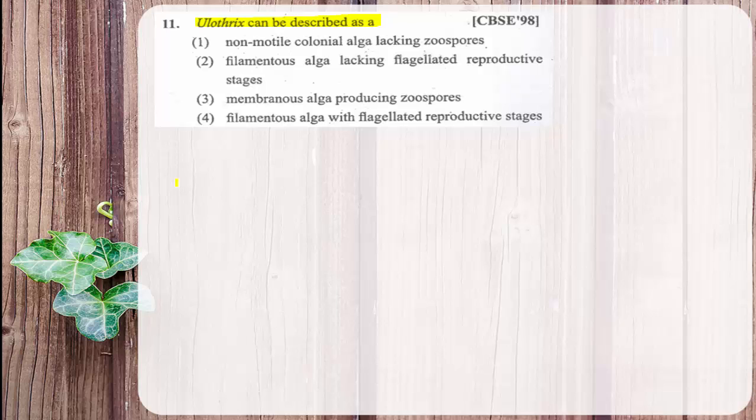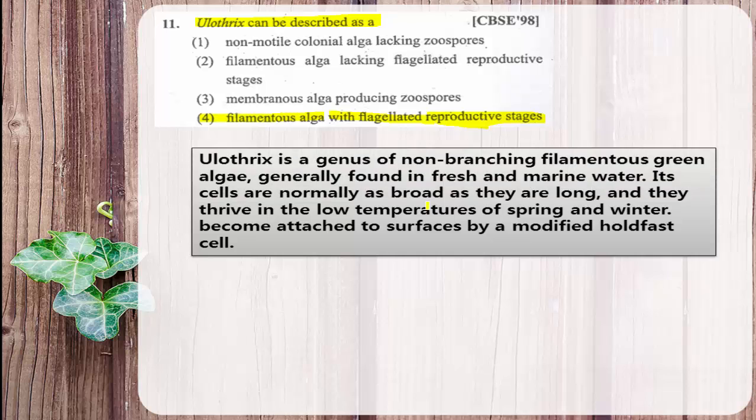Already you have seen the structure of Ulothrix in the first question. Ulothrix is a filamentous alga and it produces flagellated reproductive organs. In Ulothrix, we can see the flagellated reproductive organs.